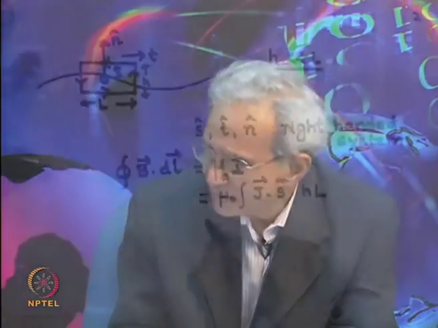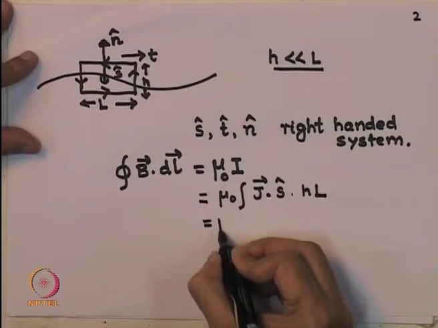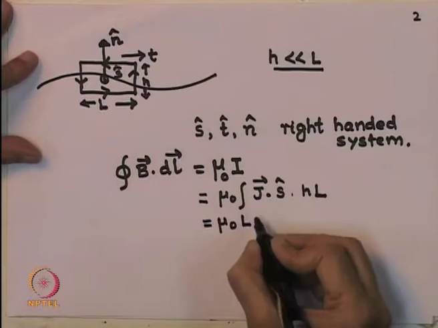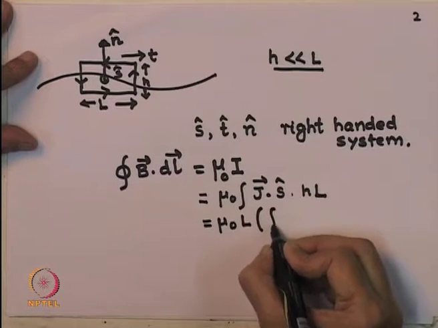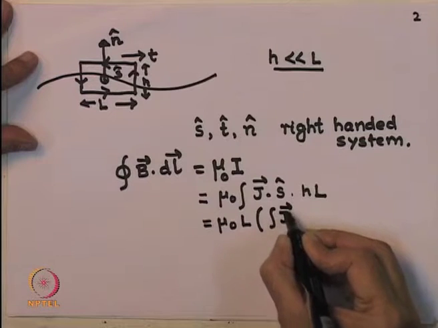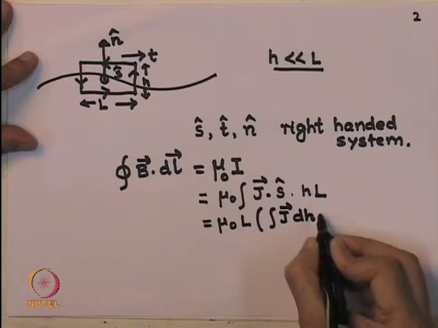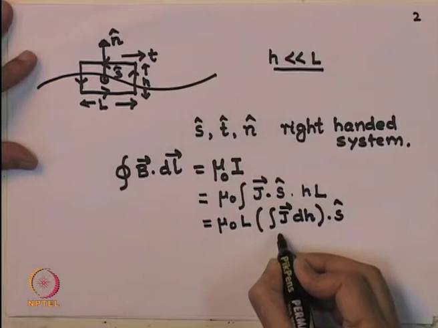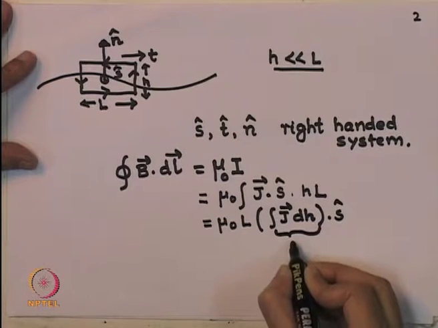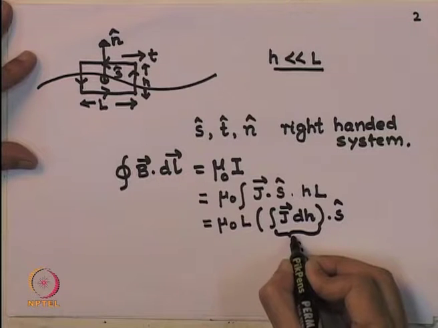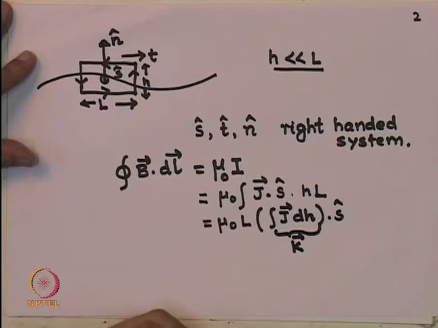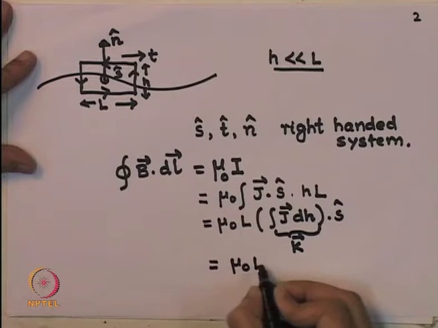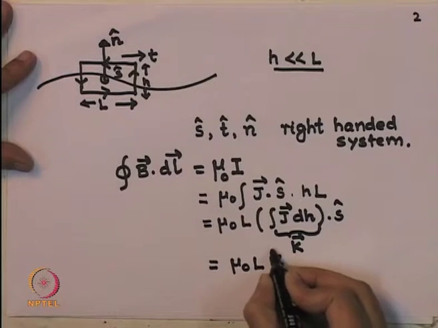So, this quantity will be written as mu 0 times, I will take L out, and write this as integral J dh dotted with S, and this is my quantity which is the linear current density K. This is in ampere per meter. So, this is mu 0 L K dotted with S.